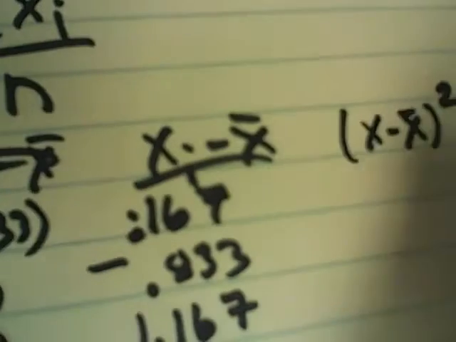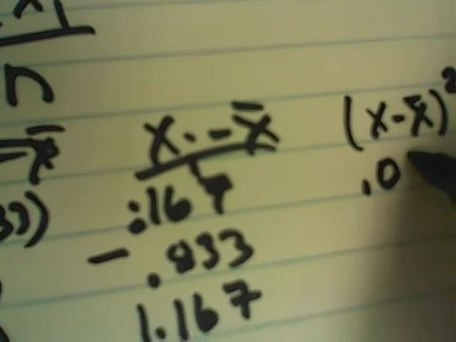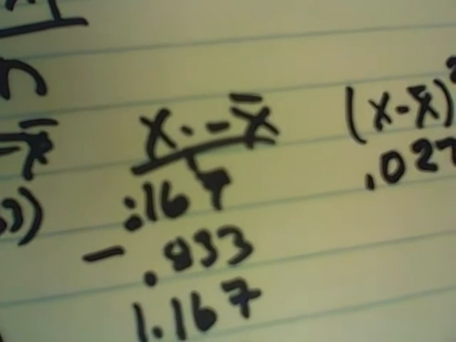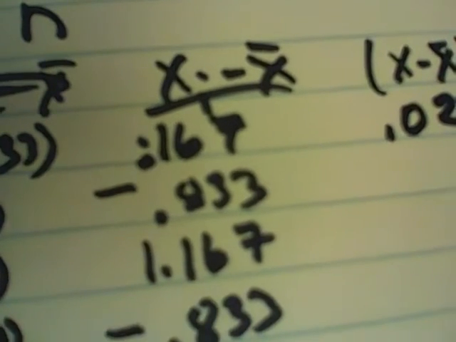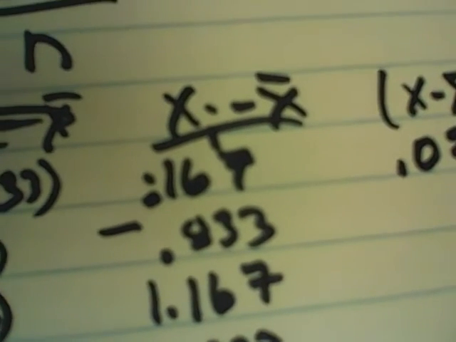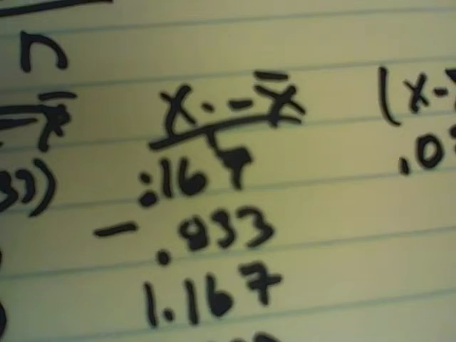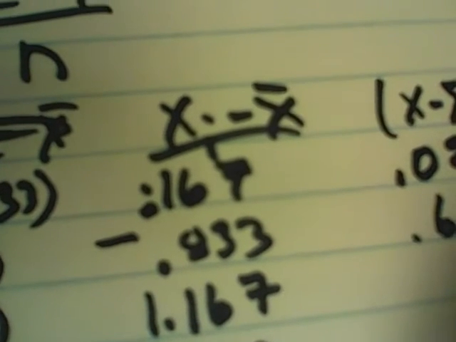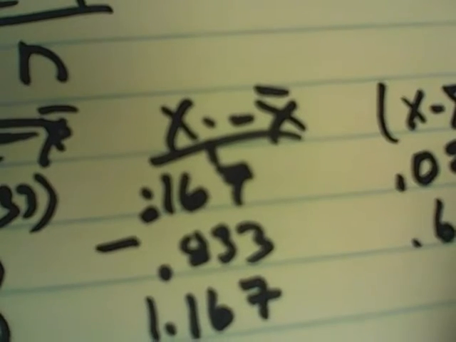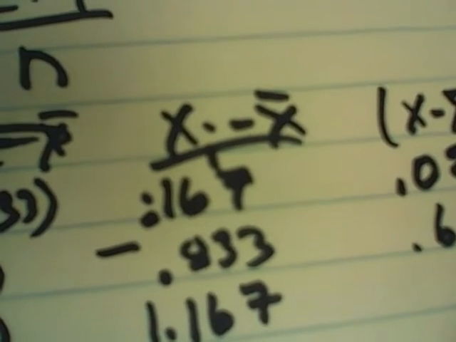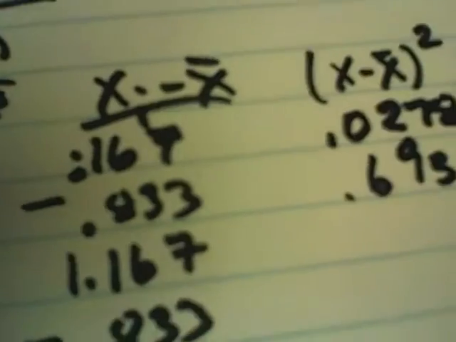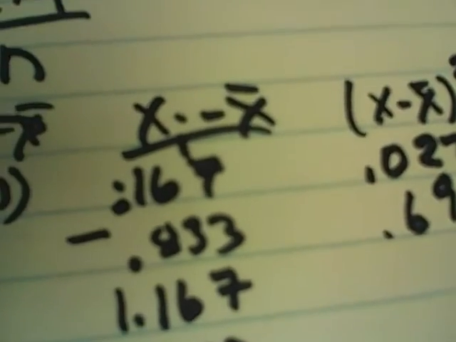That comes out to be 0.027889. Next we're going to do 0.833, and we're going to square it. That's going to come out to be 0.6938889. If you'll notice, these are all positive, even though I had a negative here. When I square it, it becomes positive.